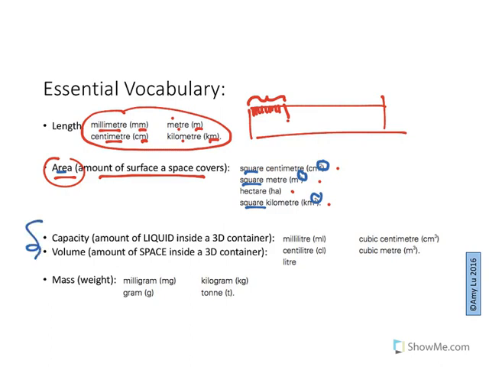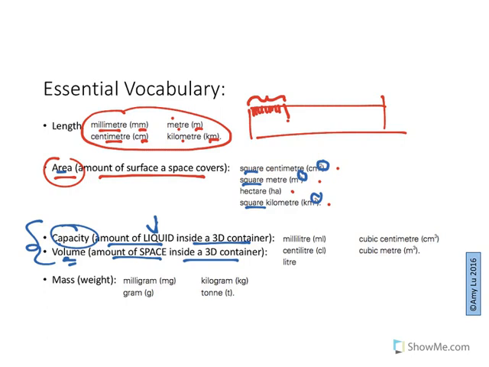Now, capacity and volume basically is the amount of space inside a 3D container. For volume, we're thinking about air, the amount of space or air inside a 3D container. For capacity, we always measure liquid, so how much water goes in, how much juice goes in. Volume is how many rocks can we fit in here, how many pieces of cotton can we stuff in here, how many jelly beans can we put in here.